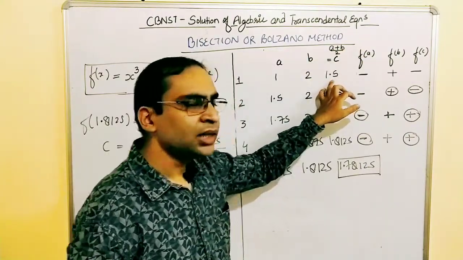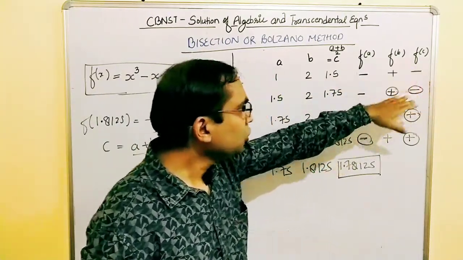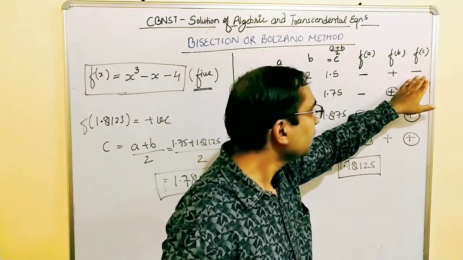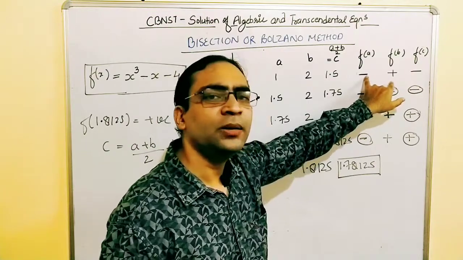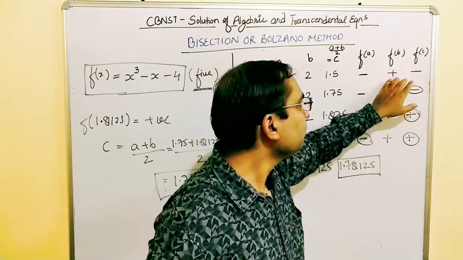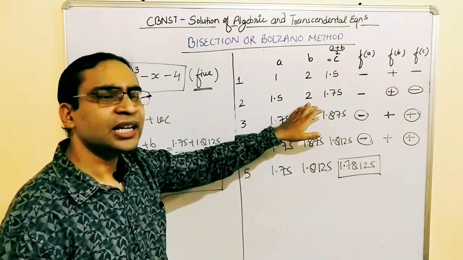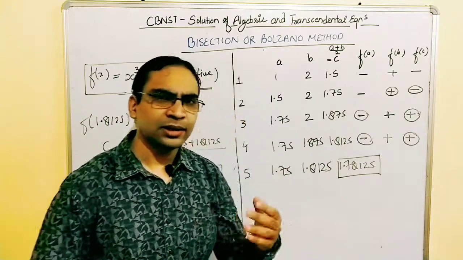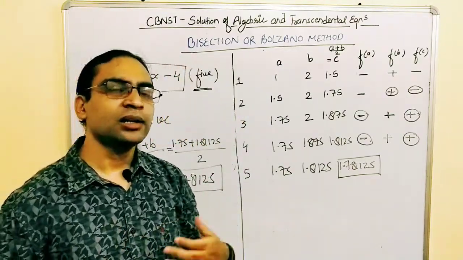Then we look at f at A, f at B and f at C. The new value, f at C, is always taken. We always consider A negative, so we choose from these two whichever is positive. So this is positive, and the new interval will be B comma C. This replaces the old interval, and now we just iterate this process for the required number of iterations or until the desired accuracy.